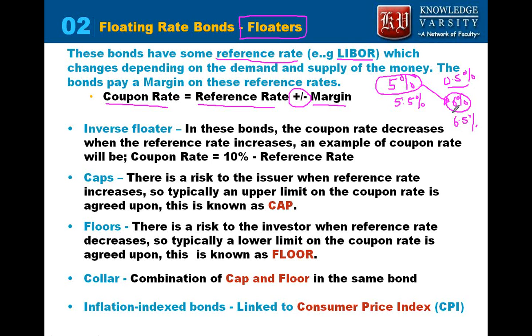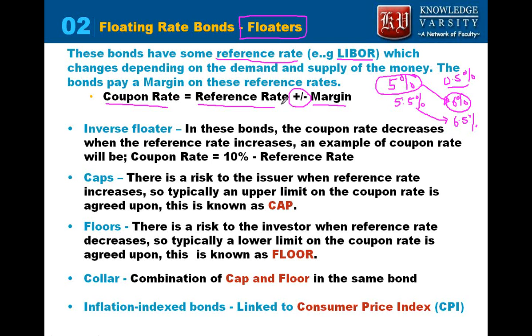So the coupon rate is floating, changing depending on the reference rate. The reference rate has changed from 5 to 6, the coupon has changed from 5.5 to 6.5. For some investors, the margin can also be reduced from the reference rate.